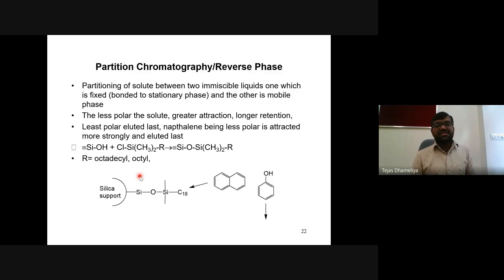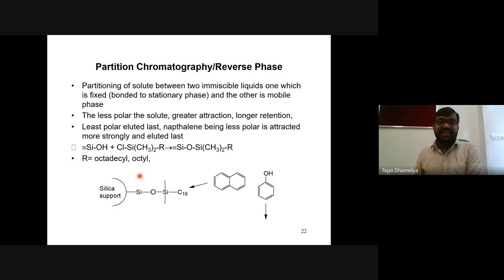So how is that possible? This is possible by attaching the silanol groups, the hydroxy groups of silica gel, with a long alkyl chain, octadecyl. C18 stands for octadecyl, which is an 18 carbon containing longer chain.